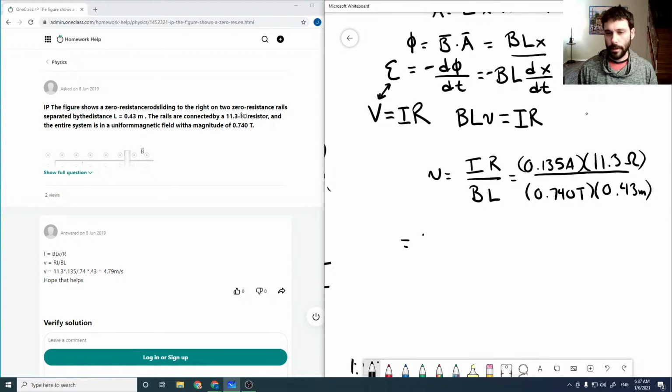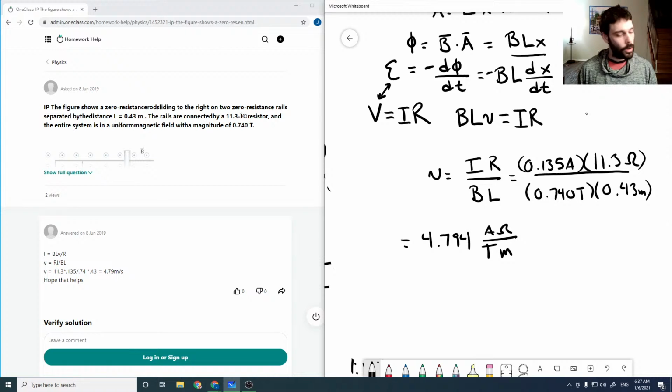If we run this through on our calculator, we get 4.794. And just as an exercise, this is in amps ohms per Tesla meters.